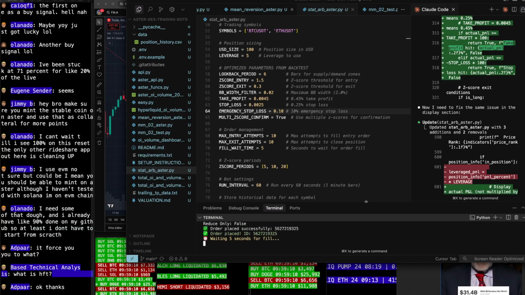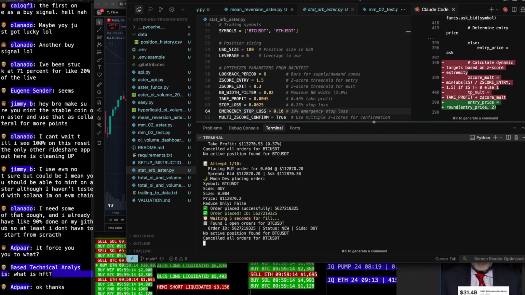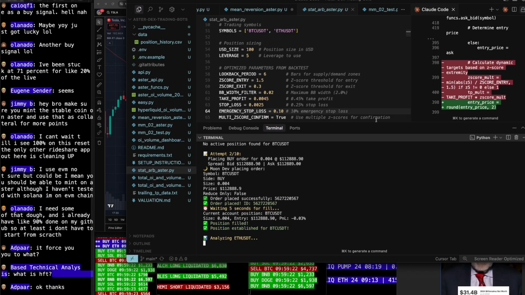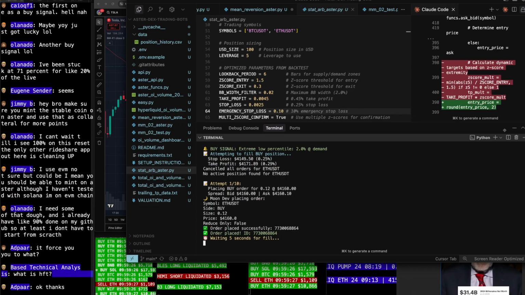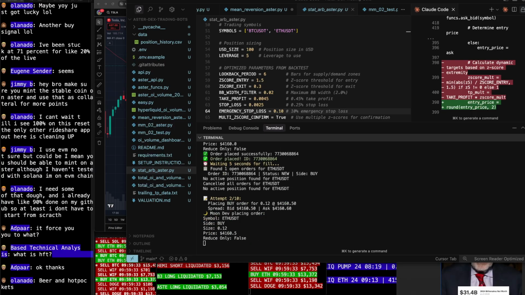Placing the trade again, no matter what, every time. I'll probably run this bot for a little bit, just for funsies, but overtrading at its finest here. I'm using pretty small size, so it's not going to be crazy.